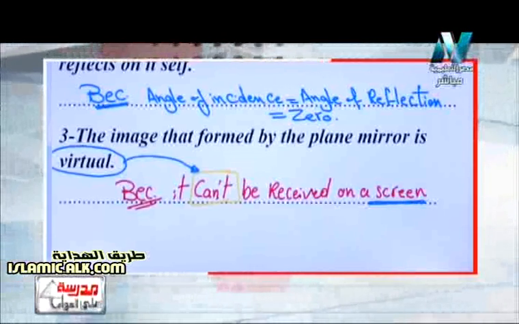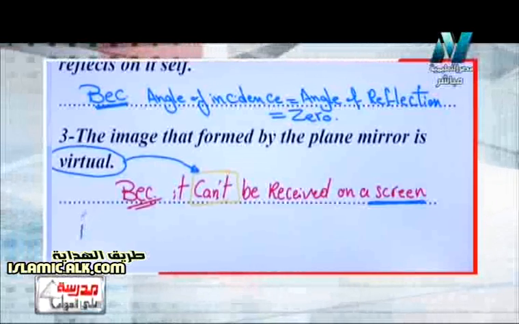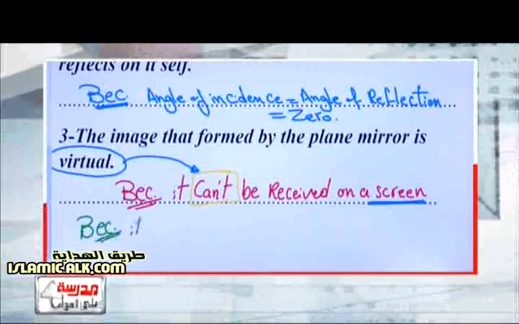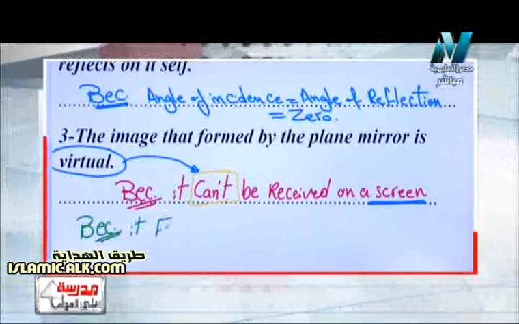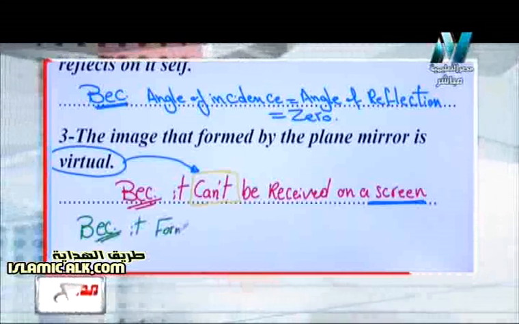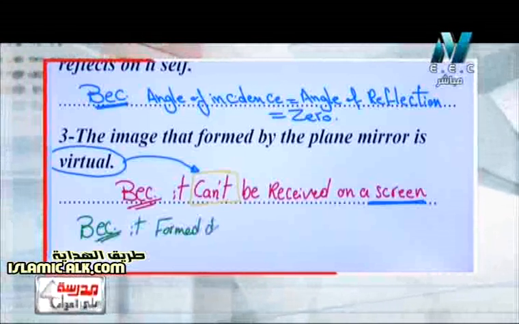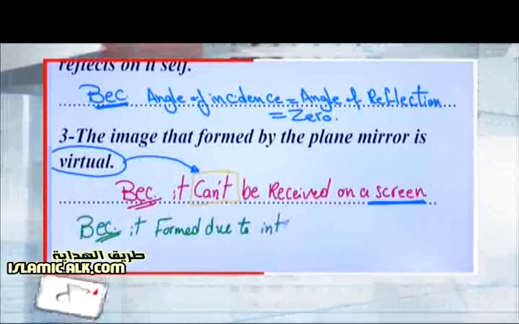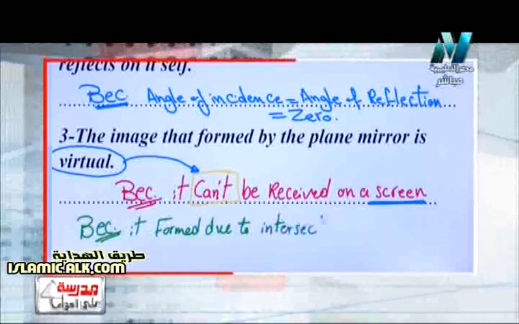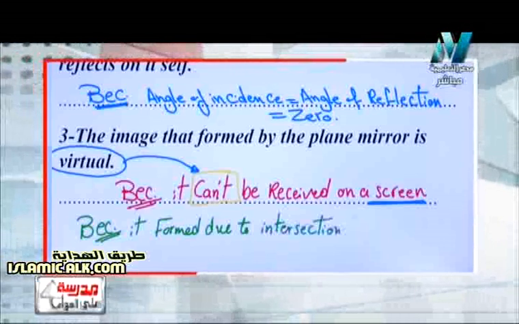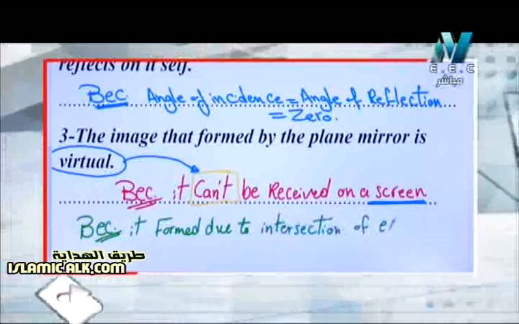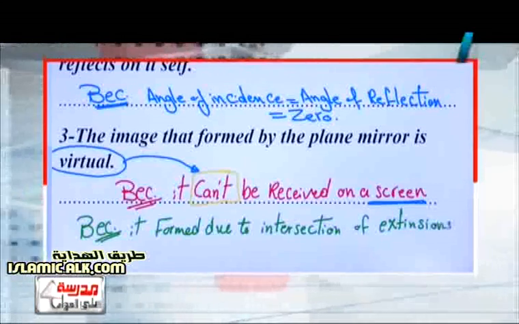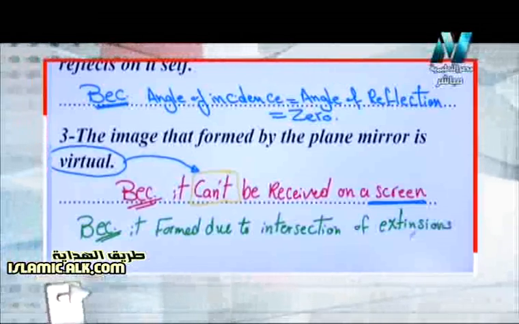طيب هقول له ليه؟ هقول له because it is formed due to intersection of extensions. خلي بالنا من كلمة extensions دي كويس قوي.